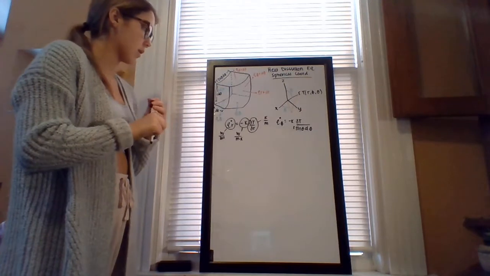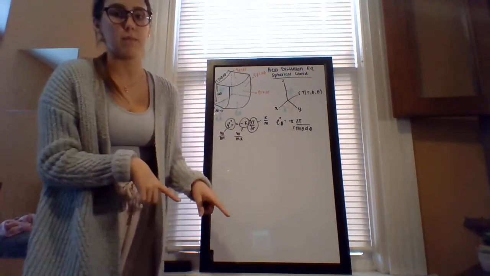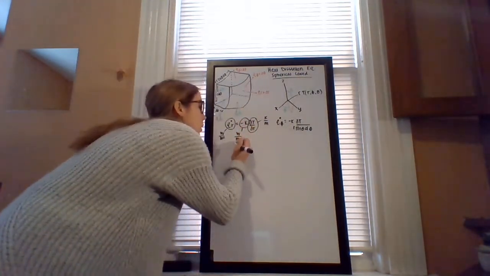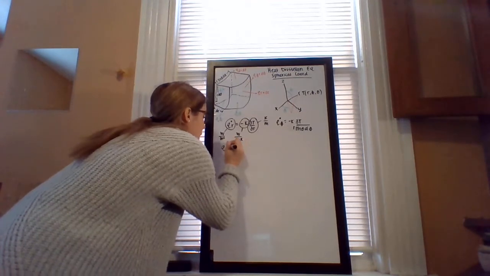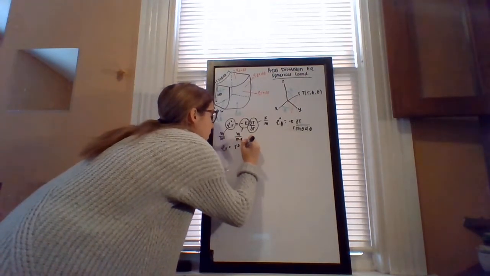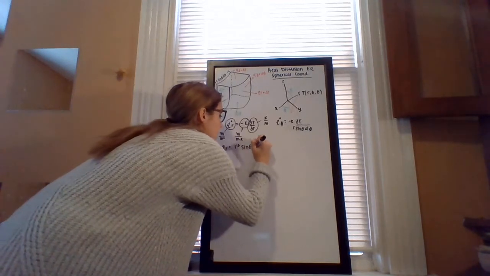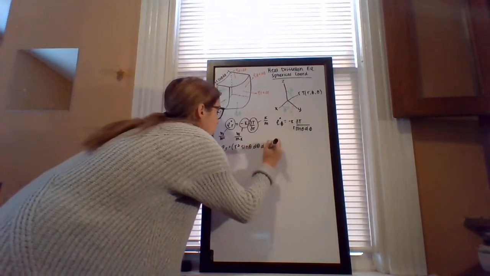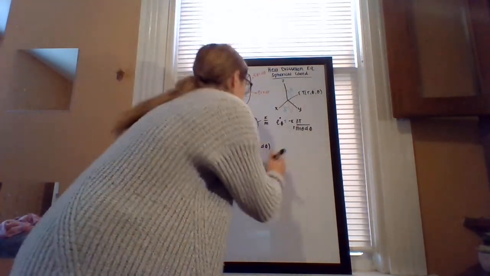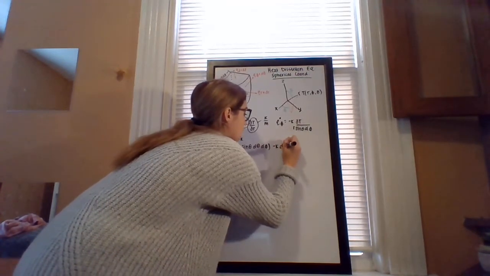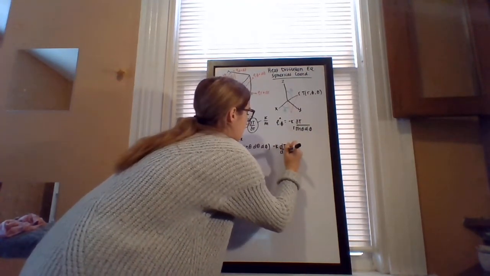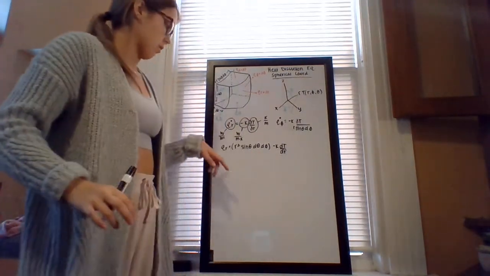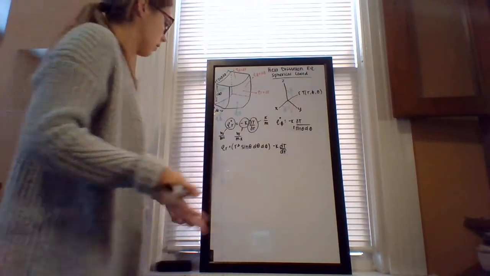Now that we've identified the heat fluxes properly, we're going to write the heat flows out. So Qr is going to be r squared sine theta d theta d phi, because this is your area, times negative K dT over dr. So you're multiplying by the area in order to have the proper units of watts.